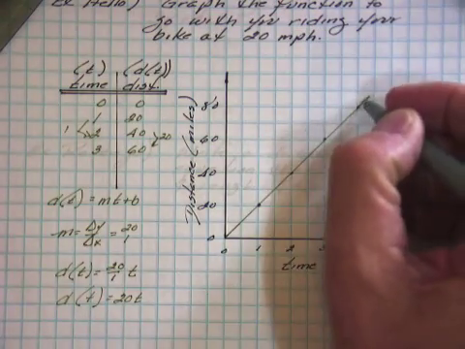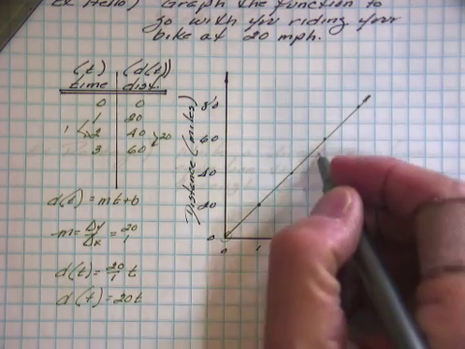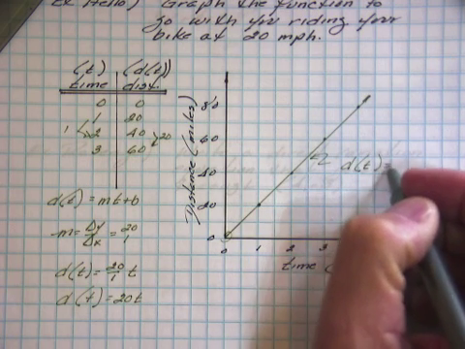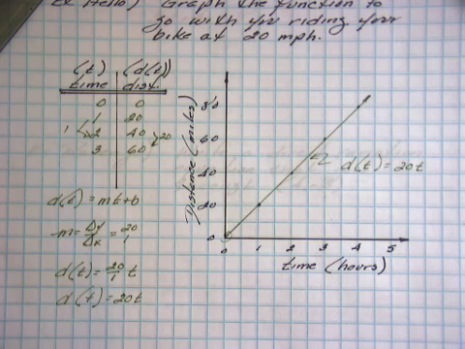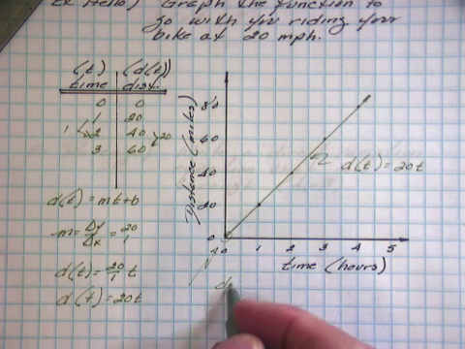So you can see that this is a straight line function, and it goes through the origin right there. So this is the graph of d of t equals 20t. A very standard direct variation type problem.